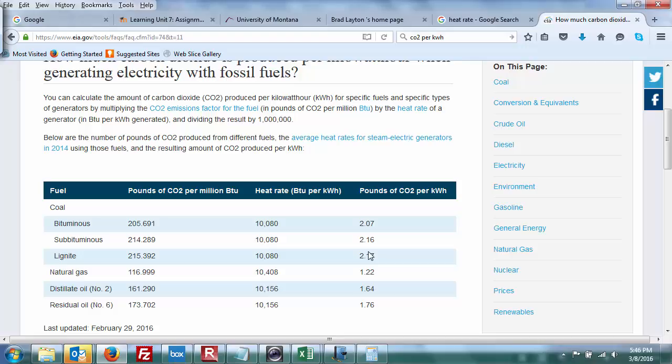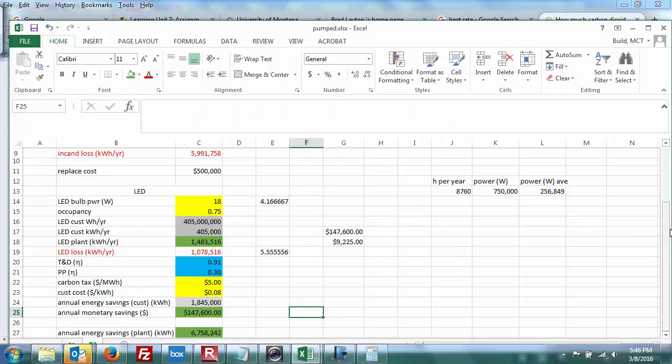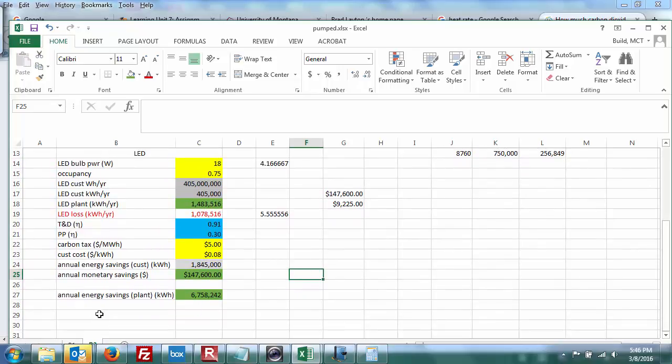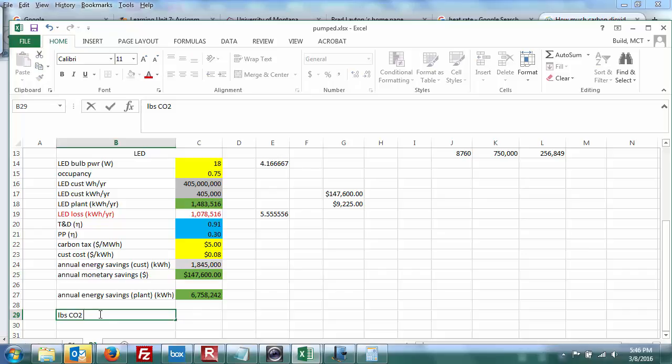The oxygen comes in, so that's about right. So let's just go with 2 pounds per kilowatt hour. Pounds CO2 per kilowatt hour.